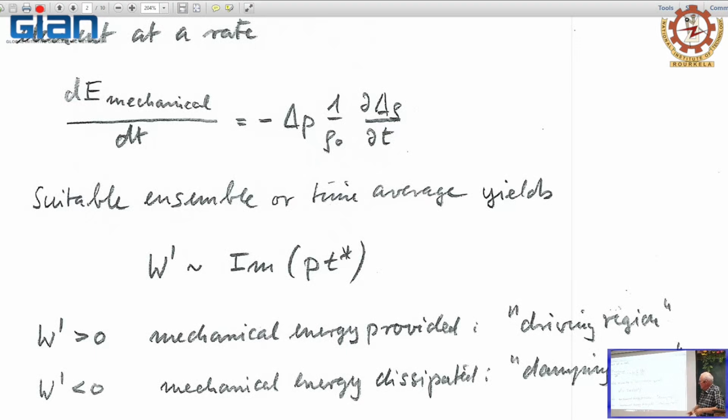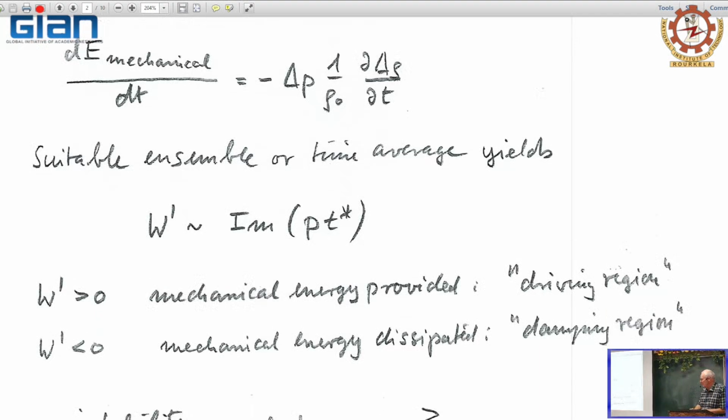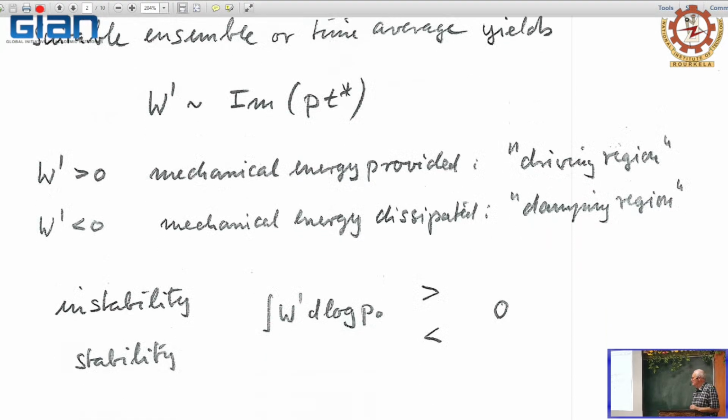Then we get either a positive value of this integral, which means the driving regions overcome the damping regions and in total we have a mode which is excited, or if the integral is negative, then the mode will be damped. This is the normal case. So we have instability once the integral over W dash is bigger than 0, and stability or a damped mode once this integral is smaller than 0.